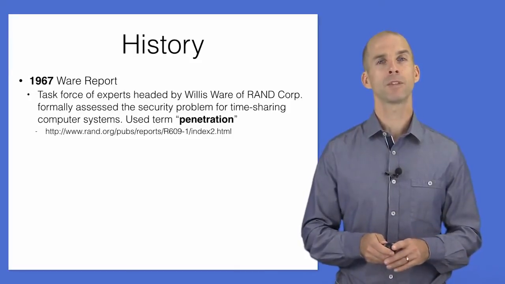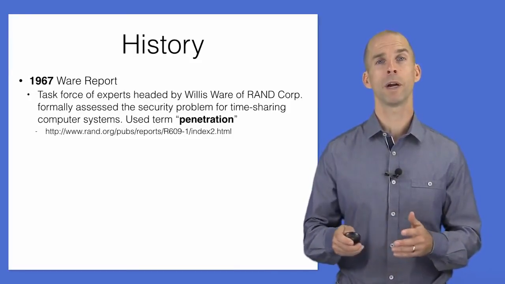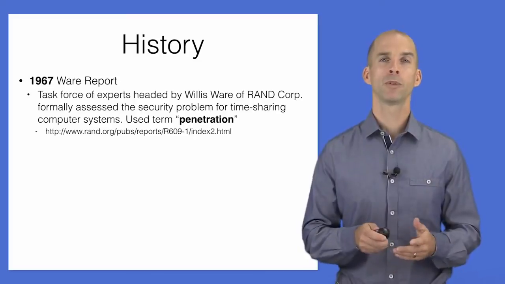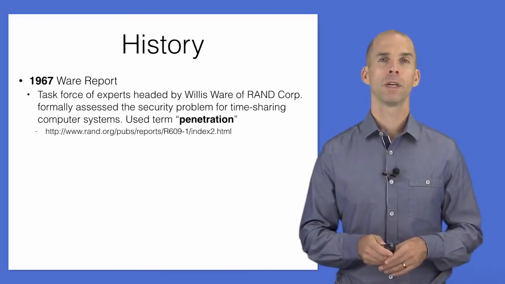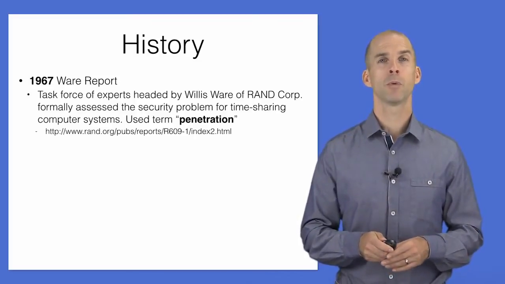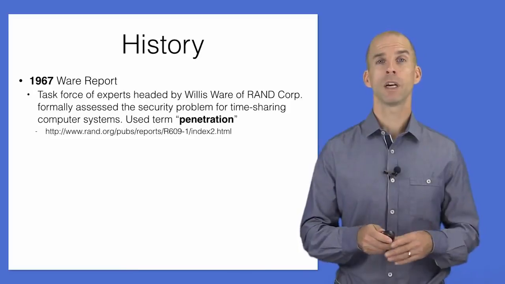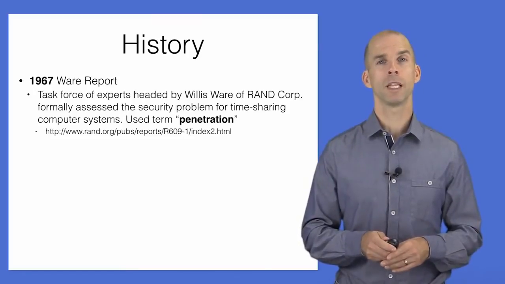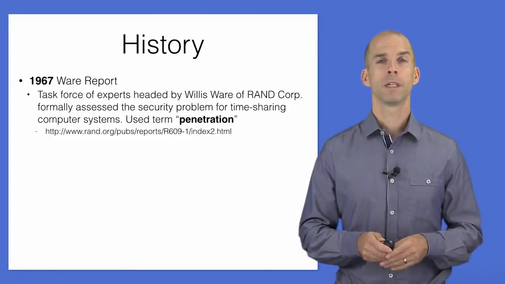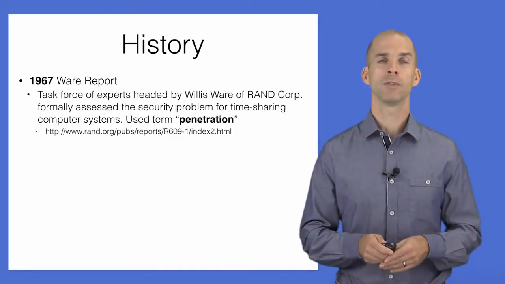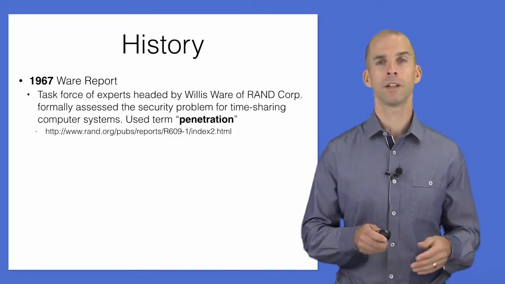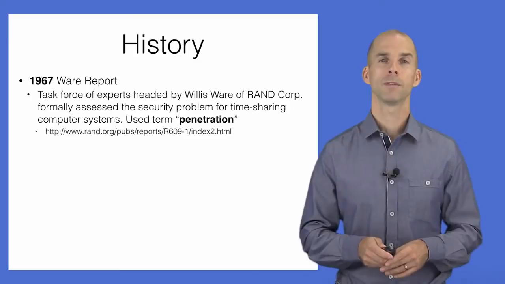As such, a task force of experts headed by Willis Ware of the RAND Corporation was formed to look at the issue. His team produced a report in 1967 that came to be known as the Ware Report. Many of the ideas that we have discussed in this class were first brought to light in the Ware Report. For example, the different categories of security policy, confidentiality, integrity, and so on.